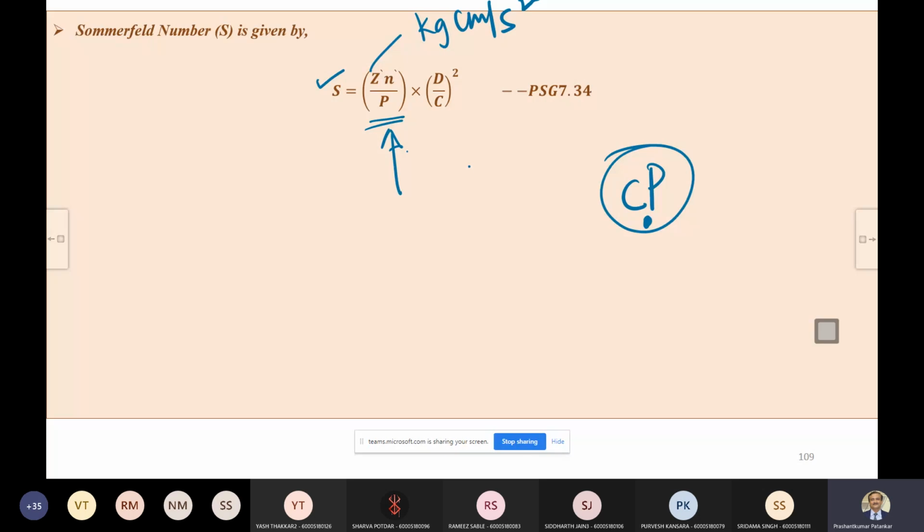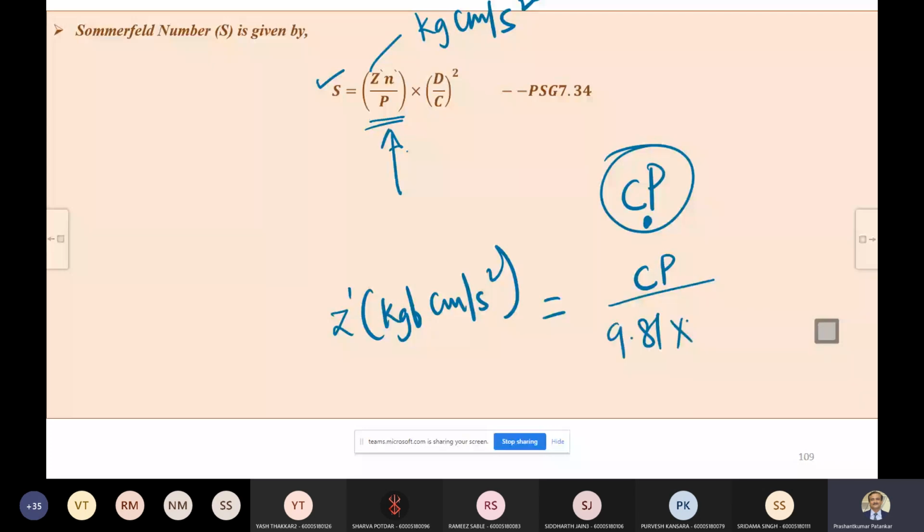If I need that viscosity Z dash in kgf centimeter per second square, then the viscosity which is given to me in centipoise is to be divided by 9.81 into 10 to the power plus 7. That will give us the value of the dynamic viscosity in kgf centimeter per second square.